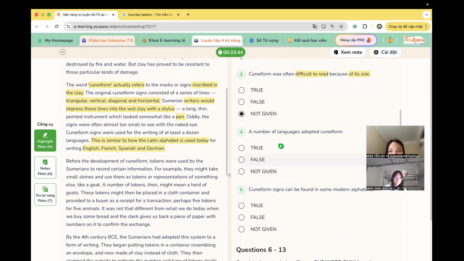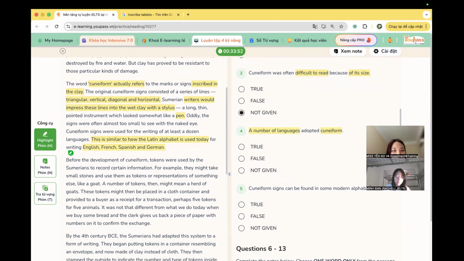A number of languages adopted the form. Yeah, we actually saw English, French, Spanish, and German. So is it true or false? I think it's true.